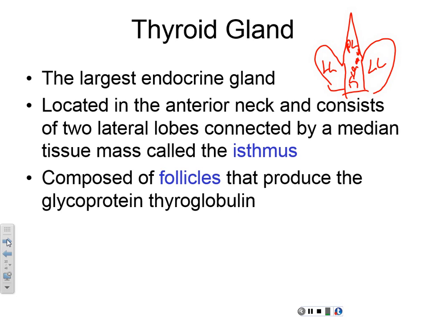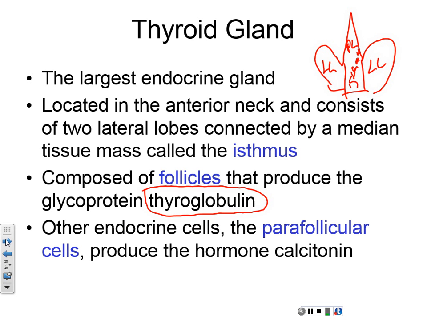So it's got follicles that contain the thyroglobulin, which is a protein that holds some of these hormones in it. And then it's also got parafollicular cells that produce a hormone that we've seen before, called calcitonin.